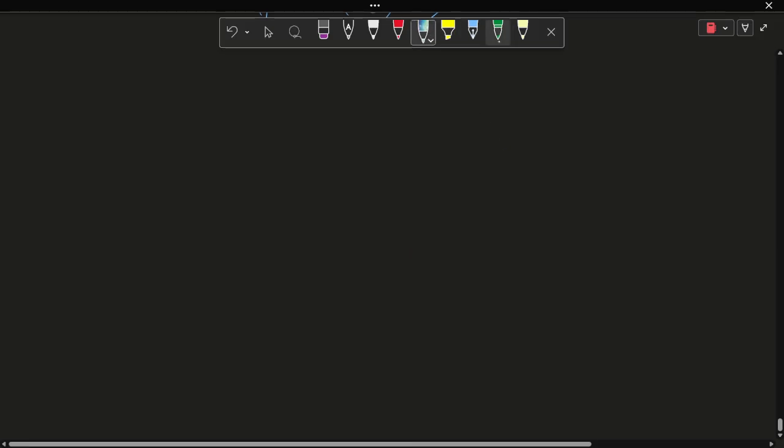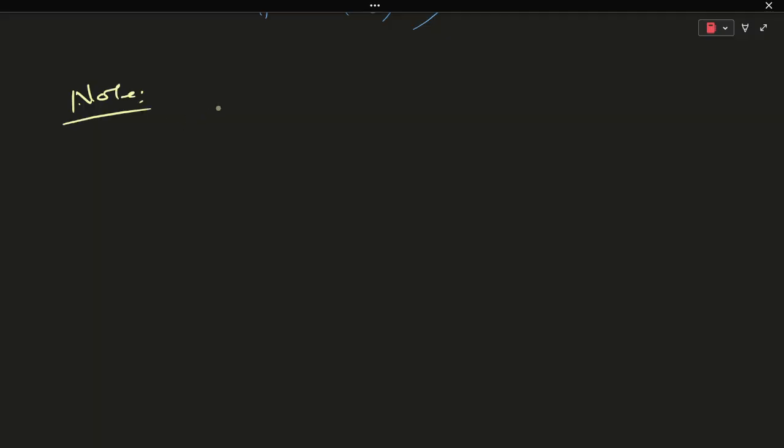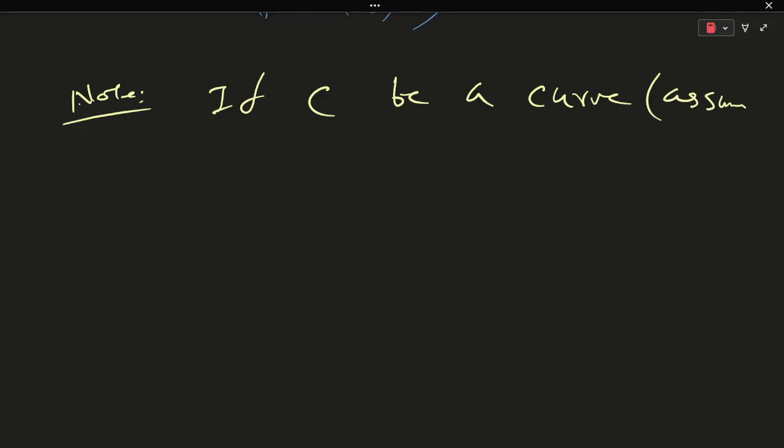So note here: if C is a curve, assume that it is a function. After that, it is a matter of talking about one-one and onto, right?